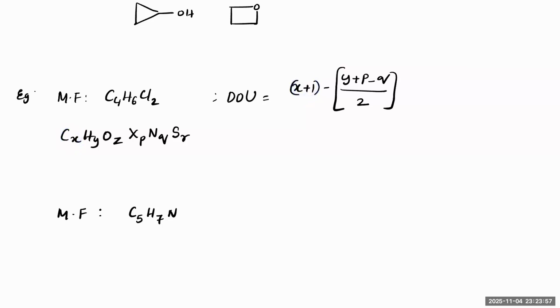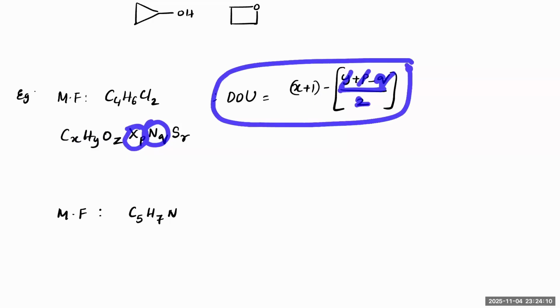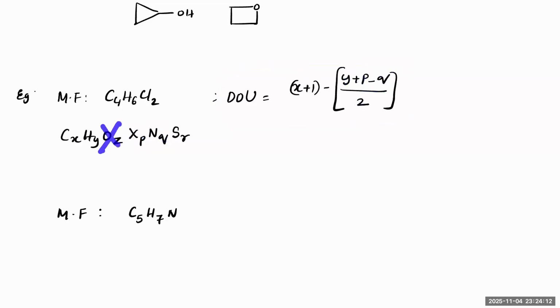Then subtract as many Y atoms as we have, as many P atoms as we have, you add them and subtract as many nitrogen atoms as we have. And that divided by 2. So remember, this is the generic formula. There is no role of the number of oxygens and sulfurs present in it. Okay. So if you understand that logic, you can find the degree of unsaturation.